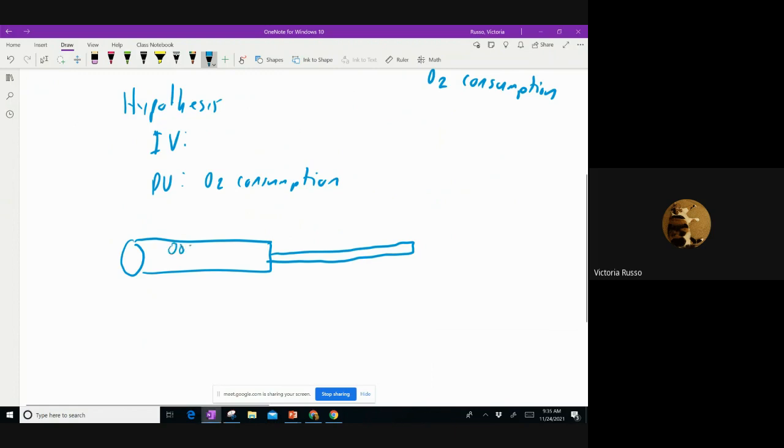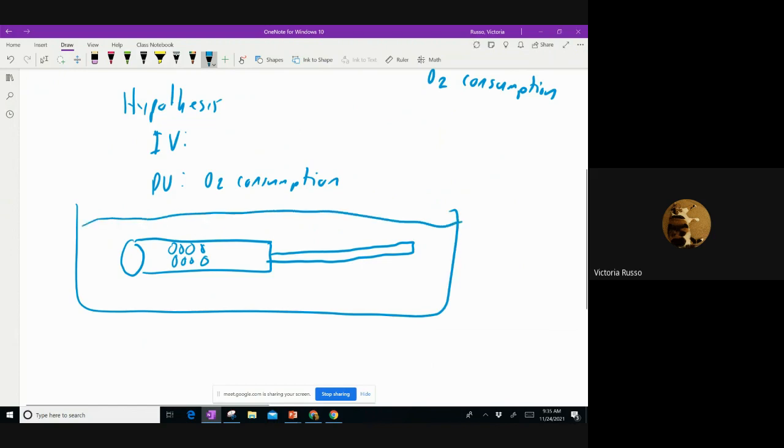We're also going to put some other things. So I'm going to draw the peas for right now. And we're going to put this in a tank of water. Okay, and we know the formula for respiration.